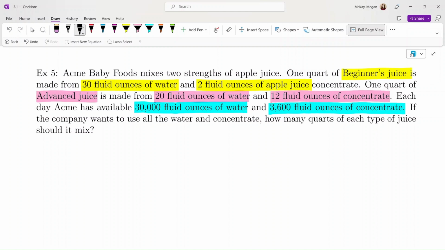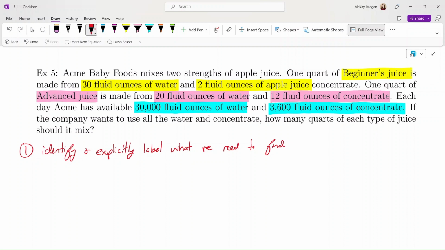Alright, so we have a few steps to breaking down a larger application problem like this. The first thing that we should do, so step 1, we should identify and explicitly label what we need to find. Too many times we start trying to add or subtract things together, we get to what we think might be the end, and then we weren't quite sure what we were supposed to be finding in the first place.